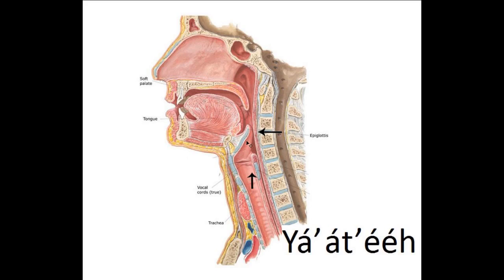So ya, epiglottis closes, opens back up, at, making that T sound, epiglottis closes again, stopping the air, and then eh. And so you can hear in my voice, ya, at, eh. And so that's what's actually happening anatomically in your throat whenever you see a glottal in the Navajo language.